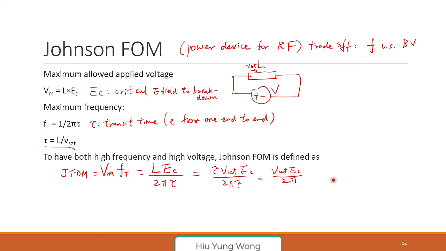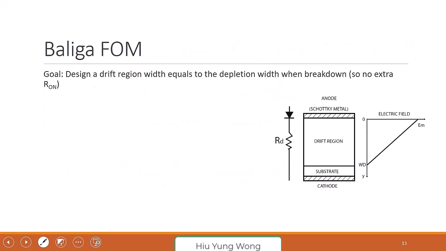Now we go to another figure of merit, Baliga. This is related to regular power devices. Can someone again tell me what we are trying to optimize? What is the trade-off for the Baliga figures of merit? Johnson figures of merit is for RF breakdown versus frequency.